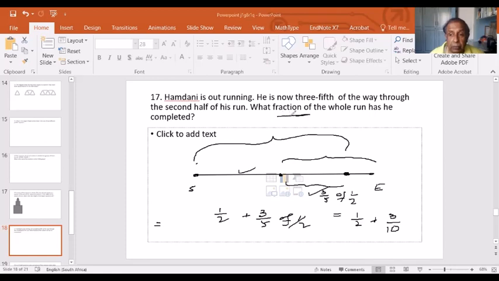We need to know what fraction of the whole he has completed, which is half plus 3/10, and half is 5/10. Half is 5/10. 5/10 plus 3/10 is 8/10. So the answer is 8/10, which is the same as 8:10.